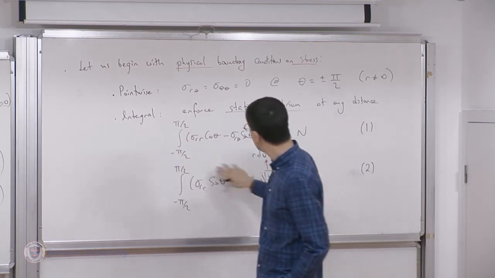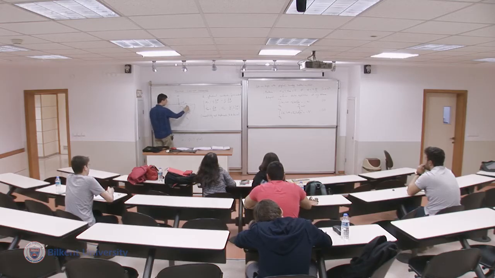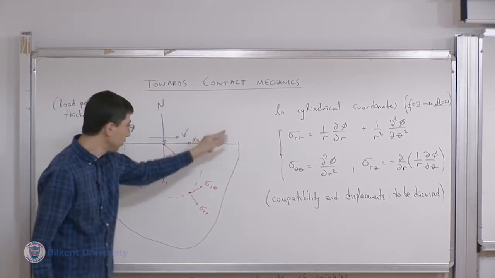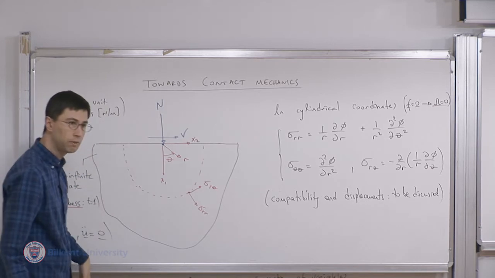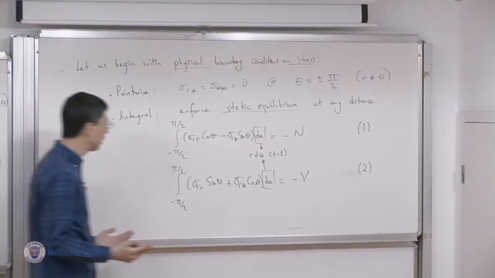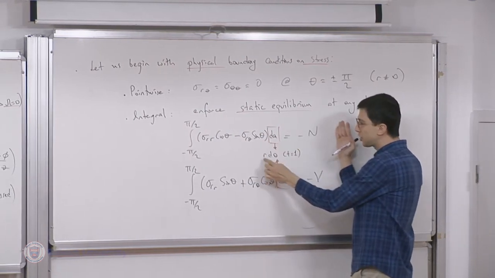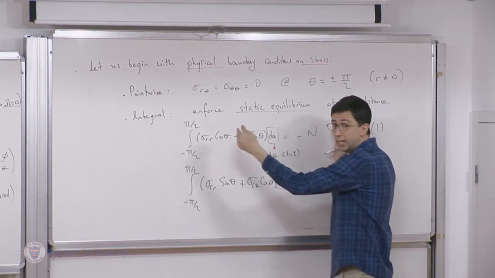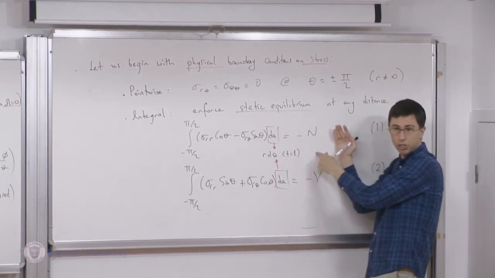And this integral represents the force on the red surface, on the dotted red surface of the semicircular disk. But this disk could be arbitrarily large. I could have taken this cut here, there, or even further. So no matter how large that cut is, this equality holds. Now, the area of integration is scaling with r, and therefore, unless the stresses scale with 1 over r, there is no way that I can match a constant.